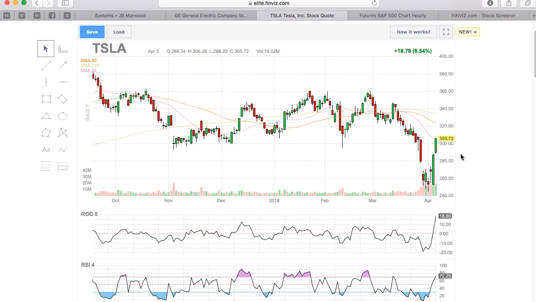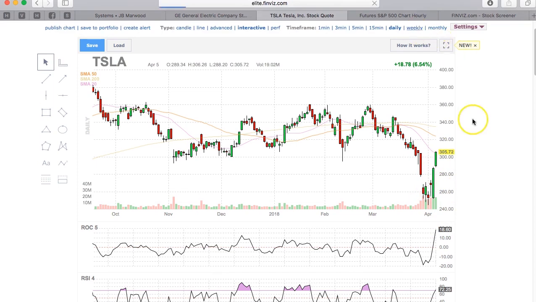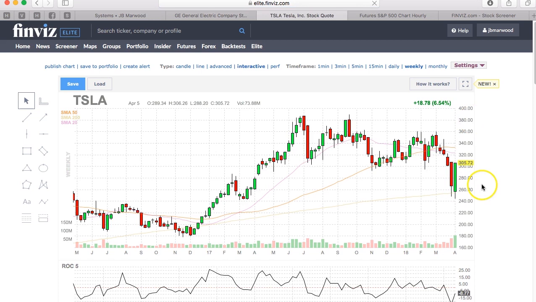But really, there was nothing significant to say that things have really changed with the Tesla business. That's what made this an excellent mean reversion setup, because we've seen a big drop, but not a lot has changed, so the market's more likely to spring back.